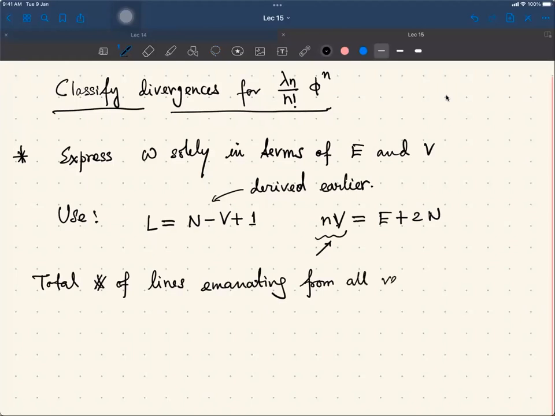all vertices. If there are V number of vertices and each vertex has n lines coming out, then the total number of lines that are being produced by those vertices is n times V. And all such lines add up to produce all these internal and external lines.